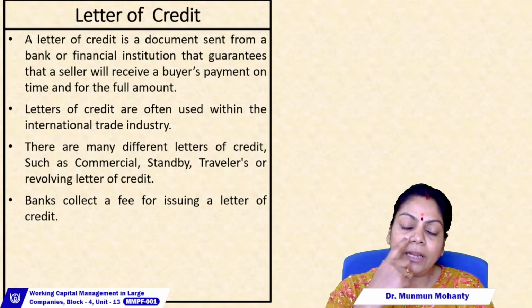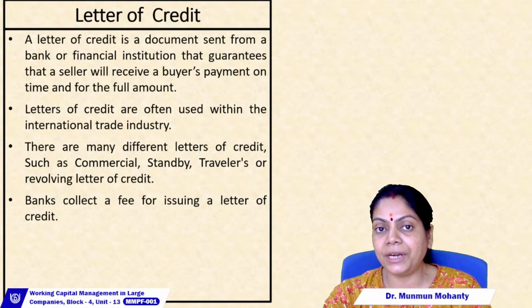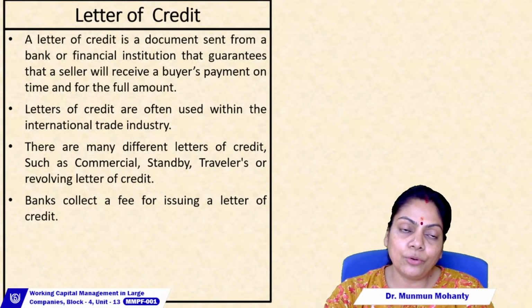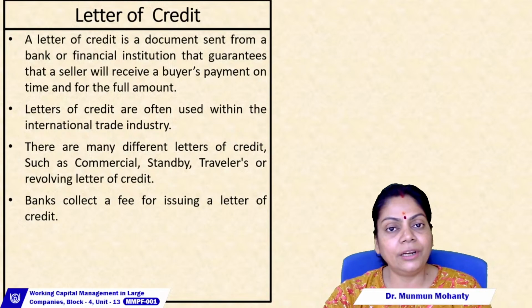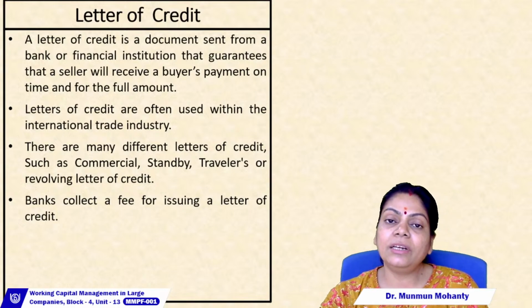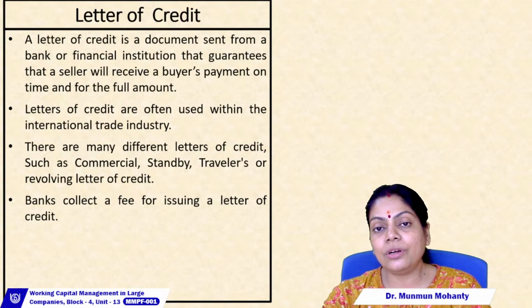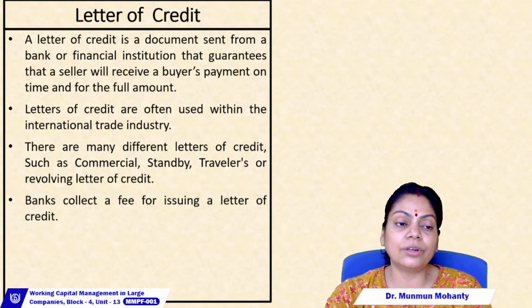Now the seller abroad requires a guarantee that I will make a payment after 90 days, because the rules, regulations and laws in different countries are different. So he needs a guarantee, and who will give that guarantee? My banker will give the guarantee in the form of a letter of credit to the seller in the other country.